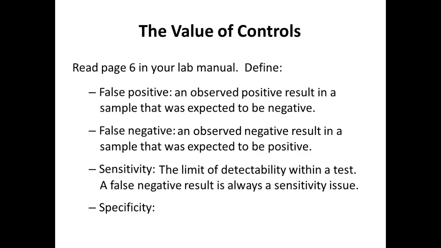Now these tests have become very sensitive. You can test, I can't even remember how many days after your first missed period. They're getting really sensitive, where really small amounts of that hormone can be detected.